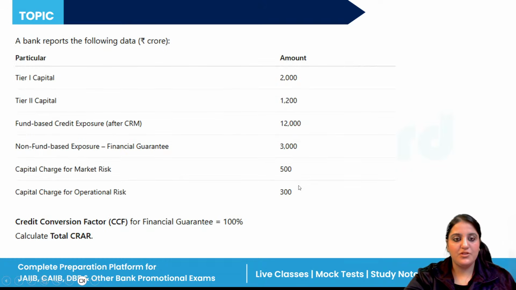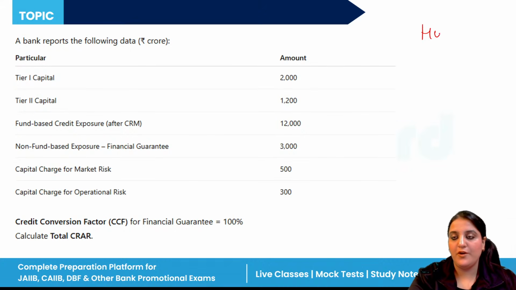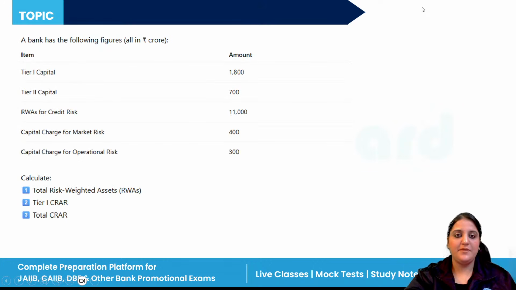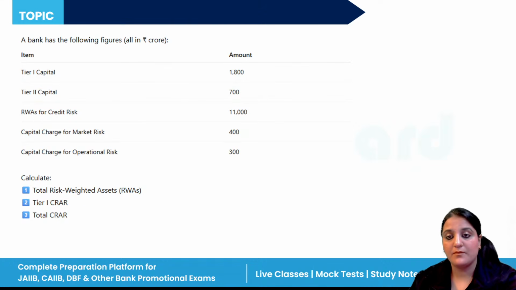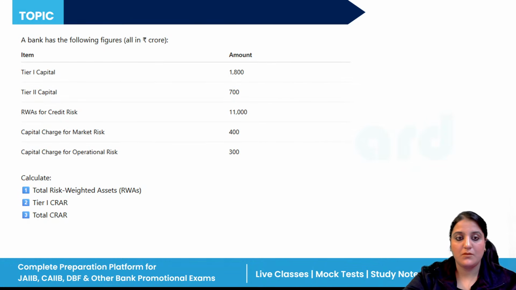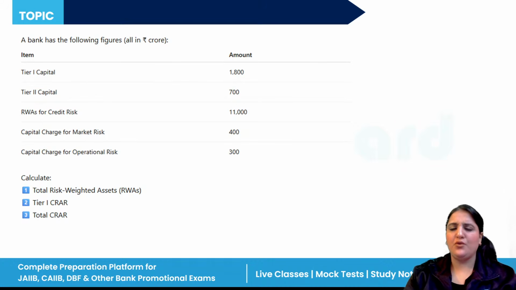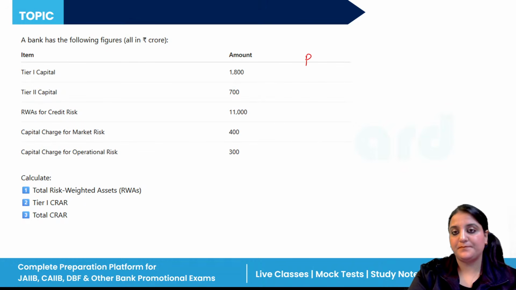Okay, let's see this question, and this will be your homework. 2 questions in homework. Tell me about this question. Easy one. How to calculate tier 1 CRAR and how to calculate total CRAR and how to calculate total risk weight assets. See, what is the formula of total risk weight assets?